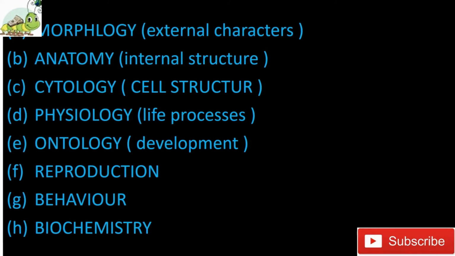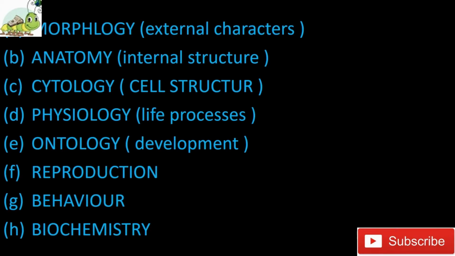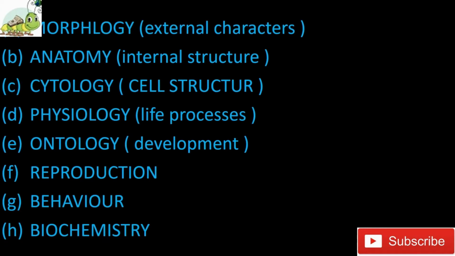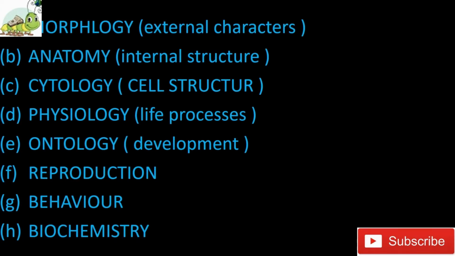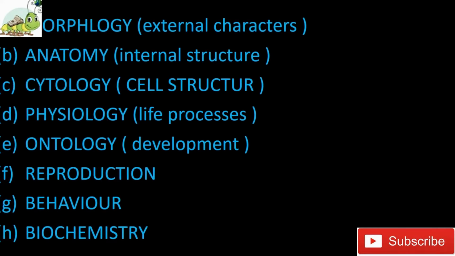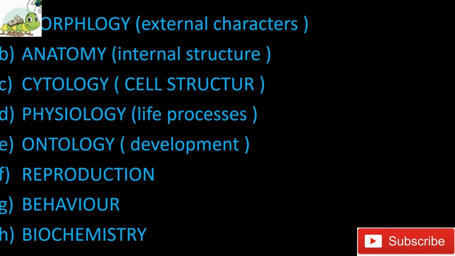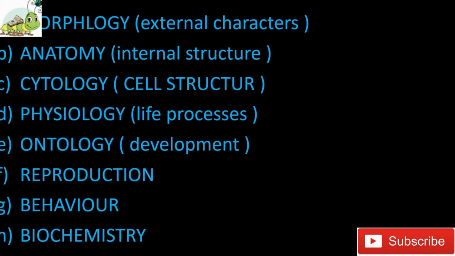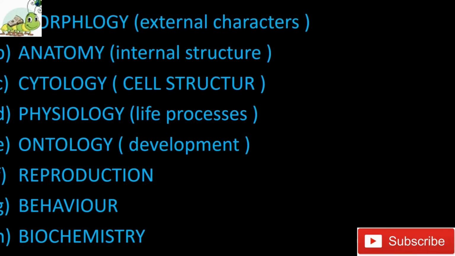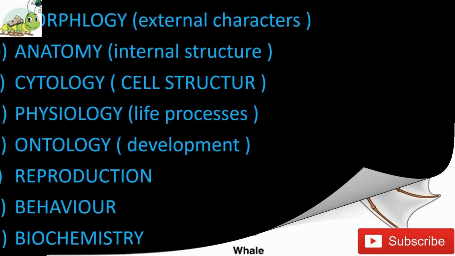While examining the various characteristics, our taxonomists should keep in mind the various similarities and dissimilarities in the following fields: the morphology, the external character; anatomy, the internal structure; the cytology, the cell structure; physiology, life process; ontogeny, the development, reproduction, behavior, biochemistry, etc.